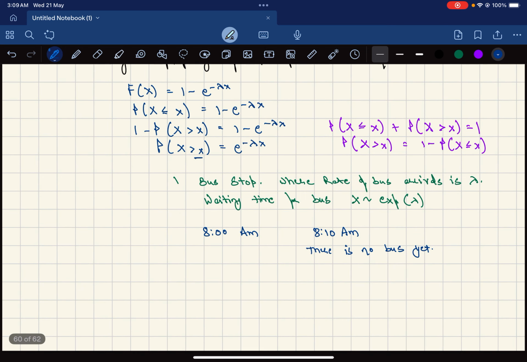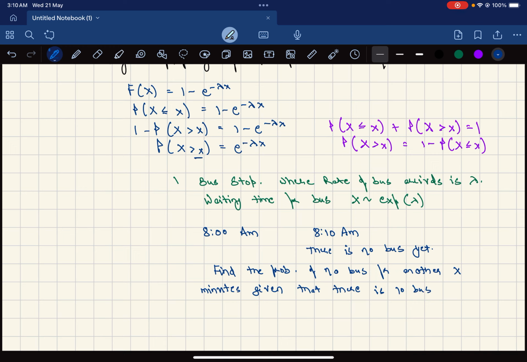And now let us say we have to find the probability of no bus for another x minutes, given that there is no bus from the last 10 minutes.